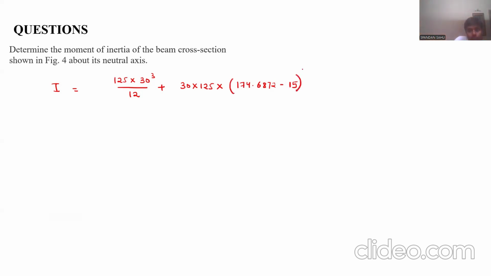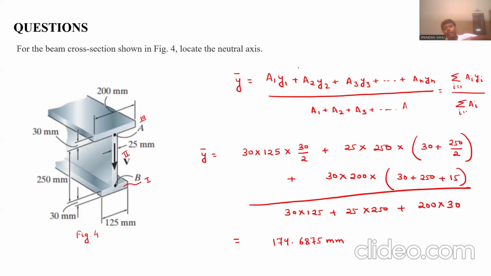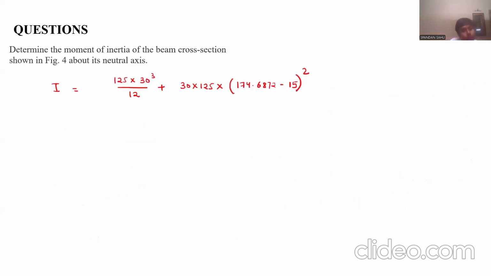That will be the only difference, because from the reference axis, the neutral axis is 175 distance above, and the centroidal axis is 15 millimeter above. So if you take the difference between those axes and square it, that is the main idea about the parallel axis theorem for this question. So this is for part 1.